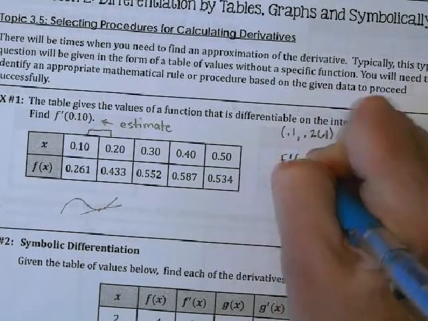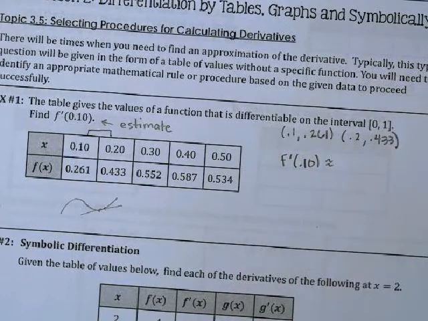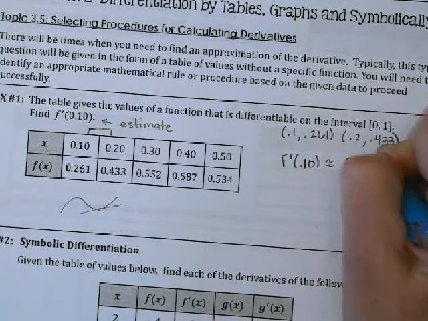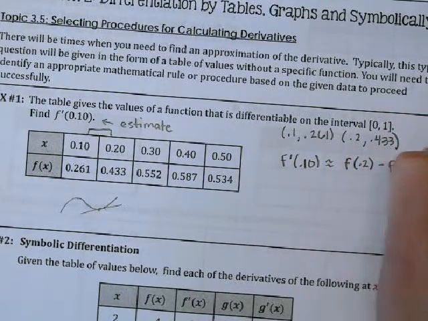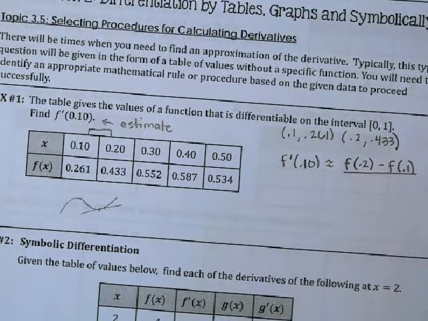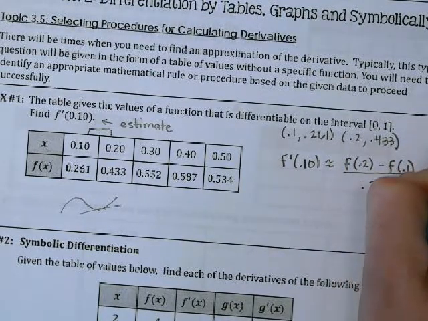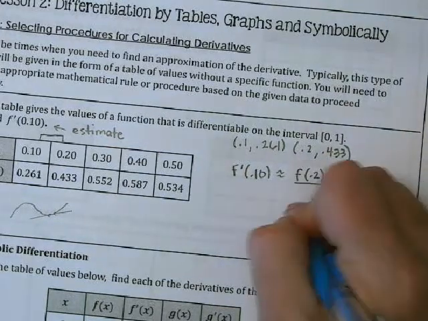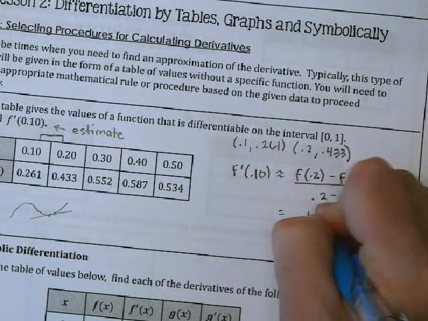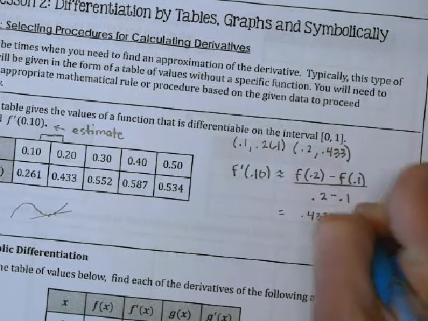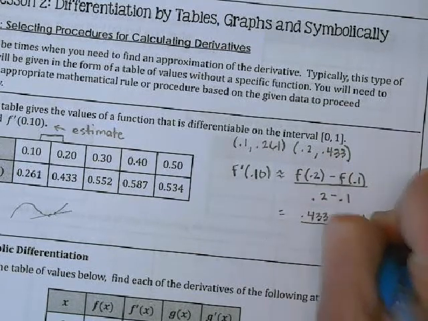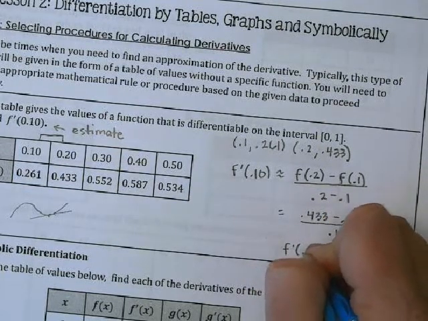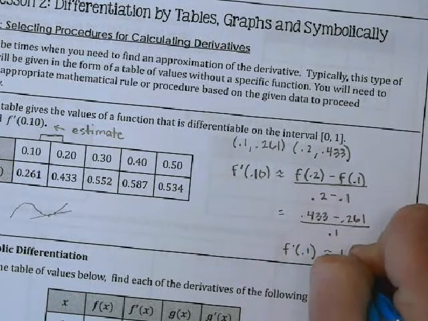So I'm going to say it's approximately equal to f of 0.2 minus f of 0.1, all over 0.2 minus 0.1. Okay, so all I'm doing is change in y over change in x. Okay, so that is 0.433 minus 0.261. And of course, I would use a calculator for this. Over 0.1, which is approximately 1.72.